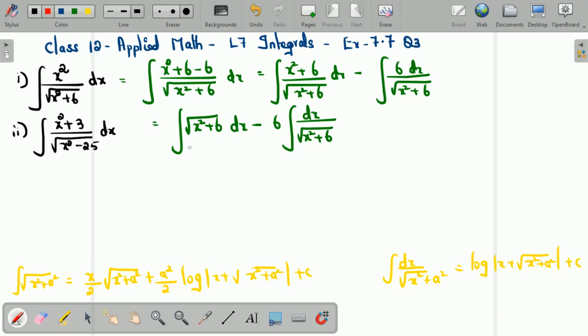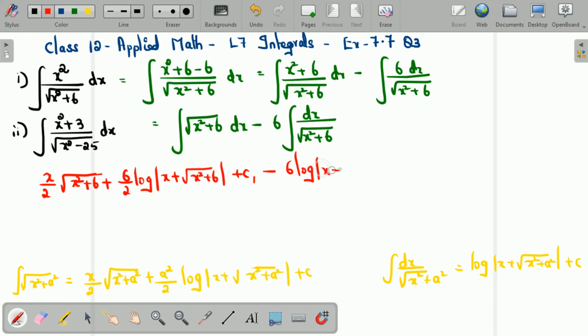Let us apply the first formula for this term. So this will become x by 2 root of x squared plus 6, because a squared is 6, plus a squared is 6, so 6 by 2 log of x plus root of x squared plus 6, plus c1. Minus 6 is there here, so 6 into log of x plus root of x squared plus 6, plus c2.